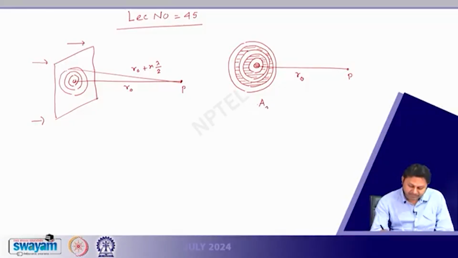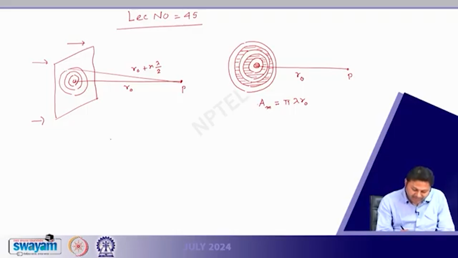For example, the area of the mth zone, as we calculated last day, is roughly pi into lambda into R naught. That is the area of the individual zone, and it is approximately the same for all cases, because the right hand side does not depend on m.